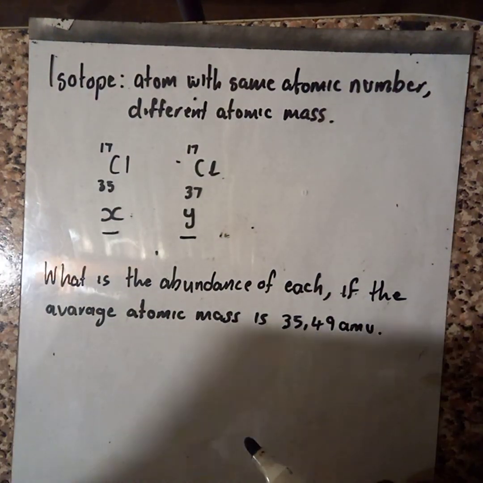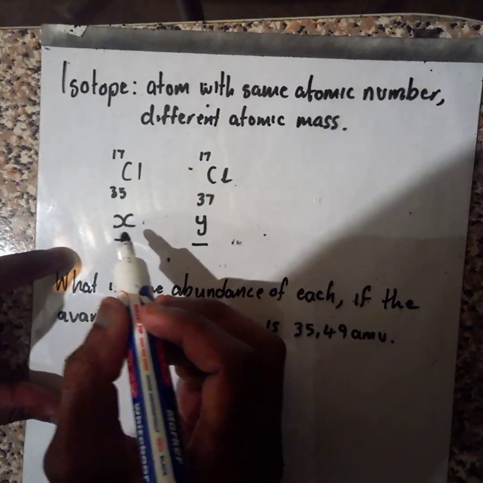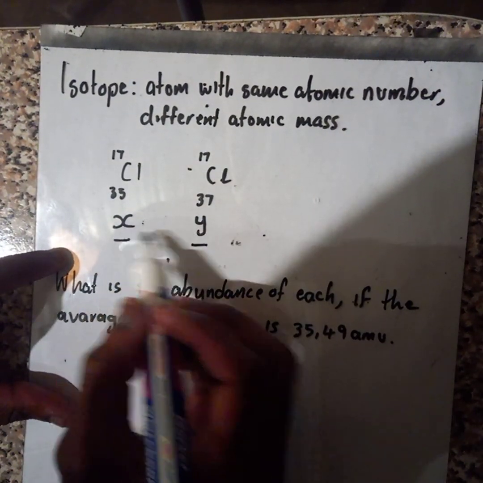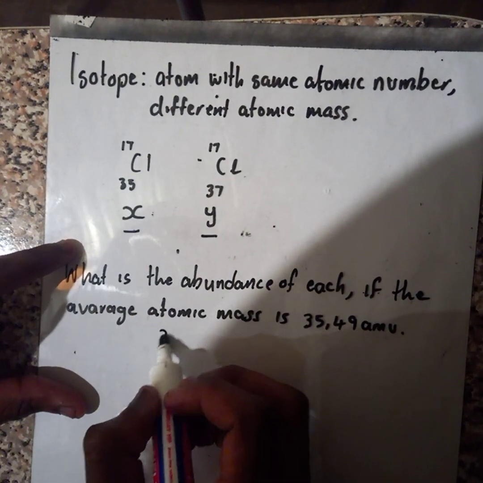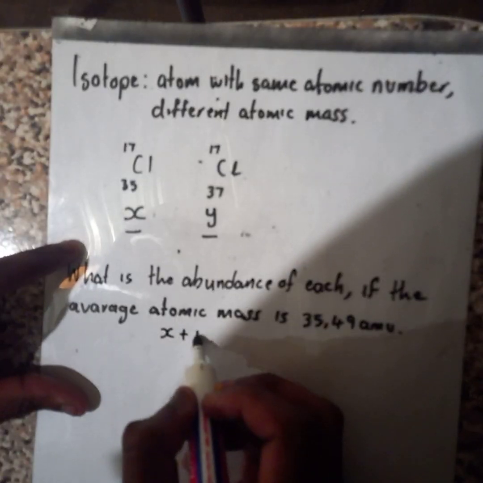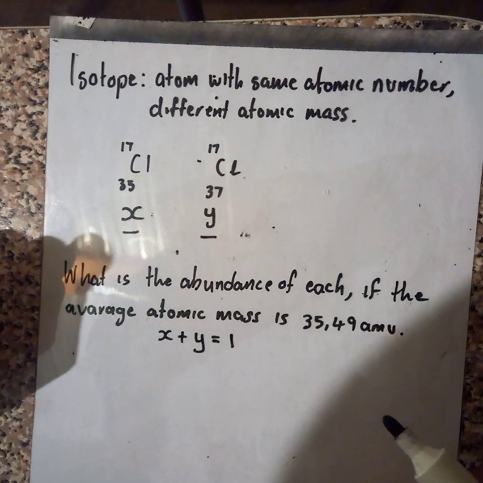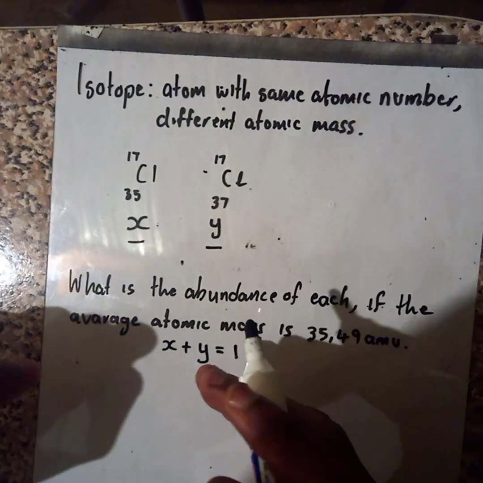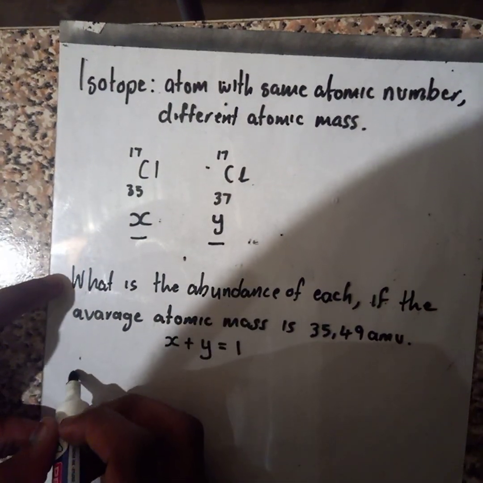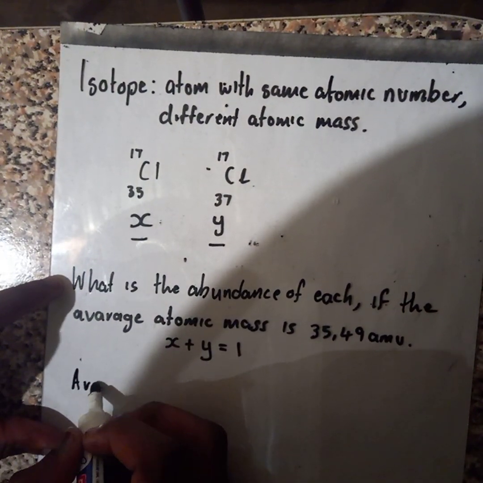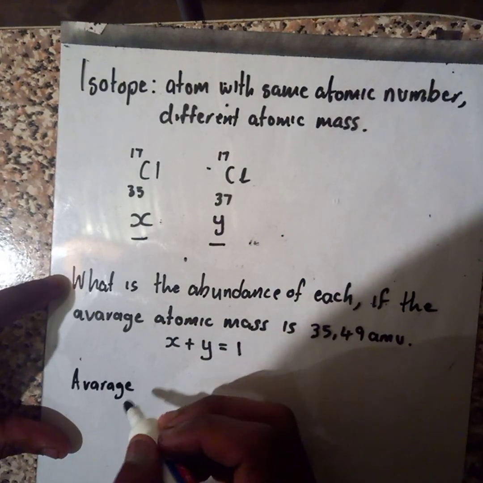Firstly, we must consider what I showed you just now: if I add the percentage of this and this, at the end of the day I must get the total of 1. We know that we have the average or relative atomic mass.